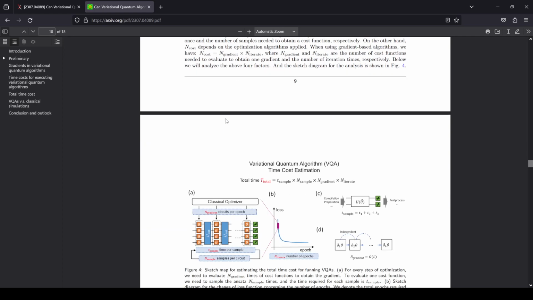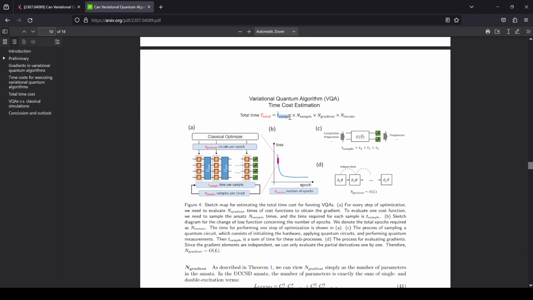So how do we compute the total time? Well, it's the time needed to take one sample of our expectation value, and then it's the number of samples required. Often we have to do 1,000 shots. Then the number of gradients we have to do for a single iteration, which would scale in our case linearly with parameters, and then the number of iterations to do for the total number of optimization routines.